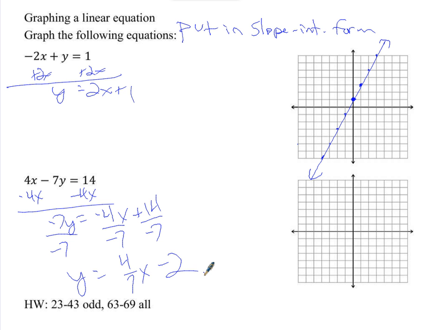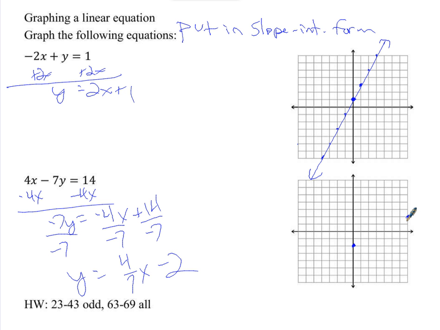Where? On the y-axis at negative 2, which is right there. Now what? The rise is 4, so we go up 4, and then we go to the right 7, which is all the way over here. Anything else I can do here?